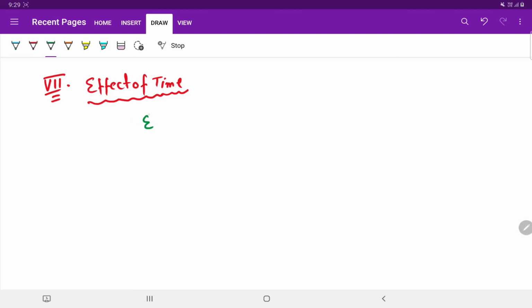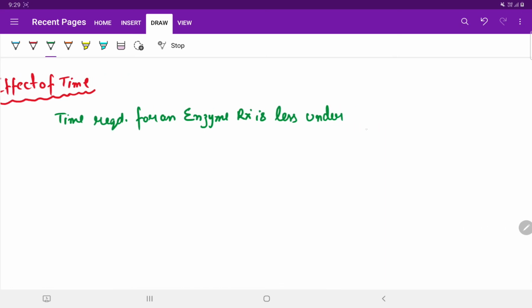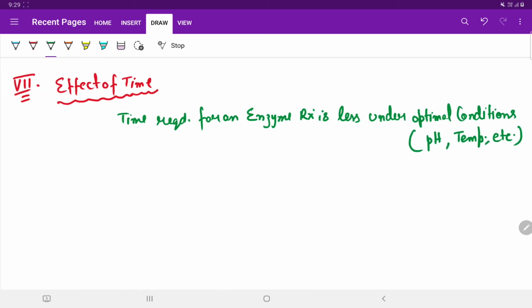So, the time required for an enzyme governed reaction is less under optimum conditions like pH, temperature, and many others.